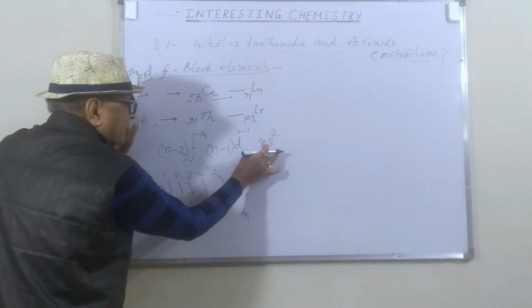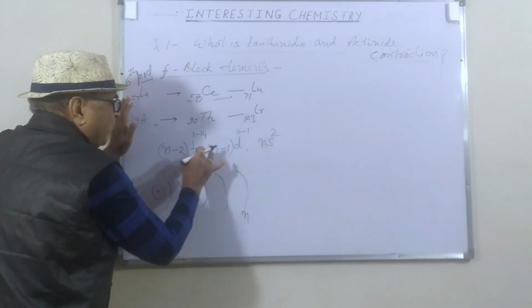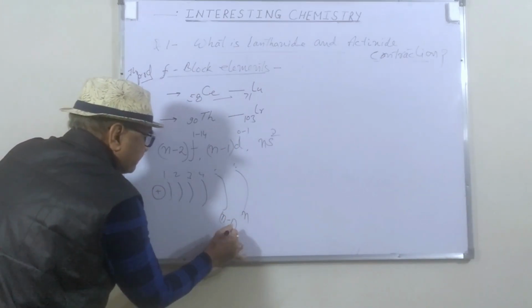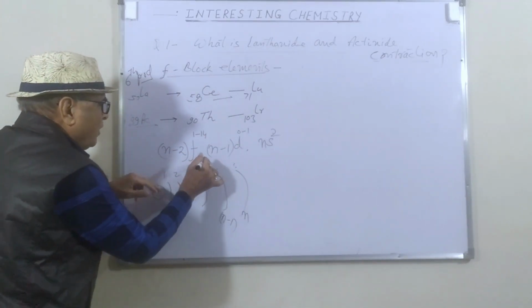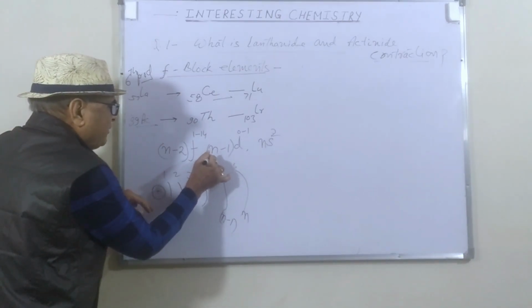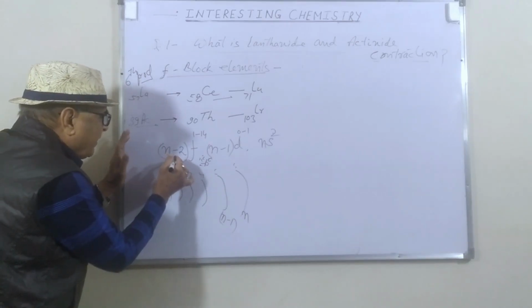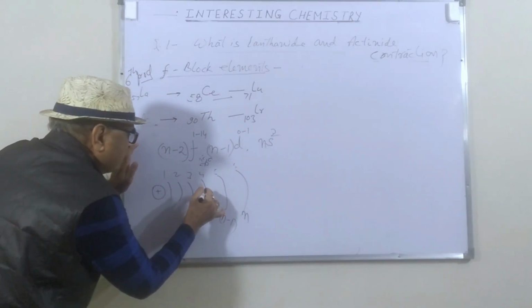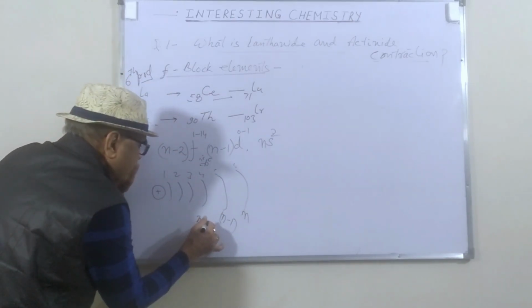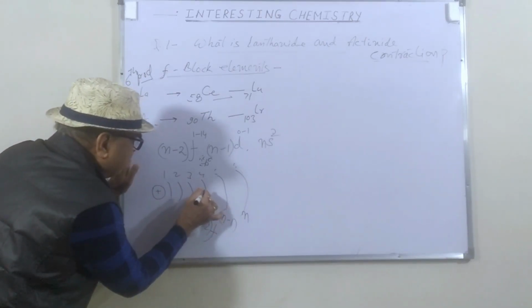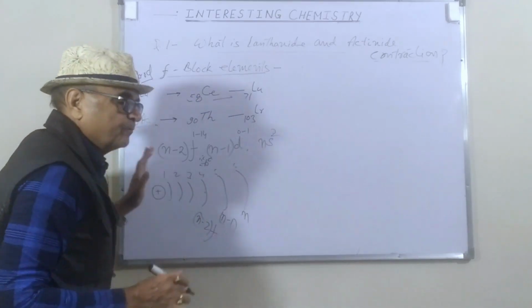This has 2 electrons. This one is n-1, so s2 and p6 are fulfilled here. And now come to the f. This one is the n-2, the (n-2)f.